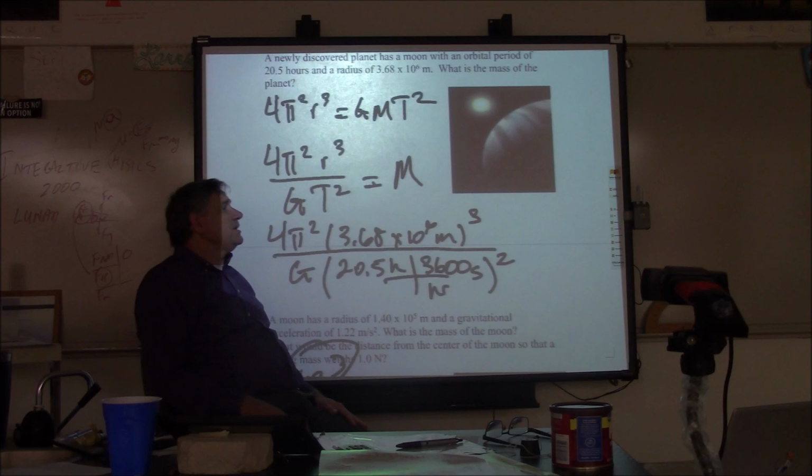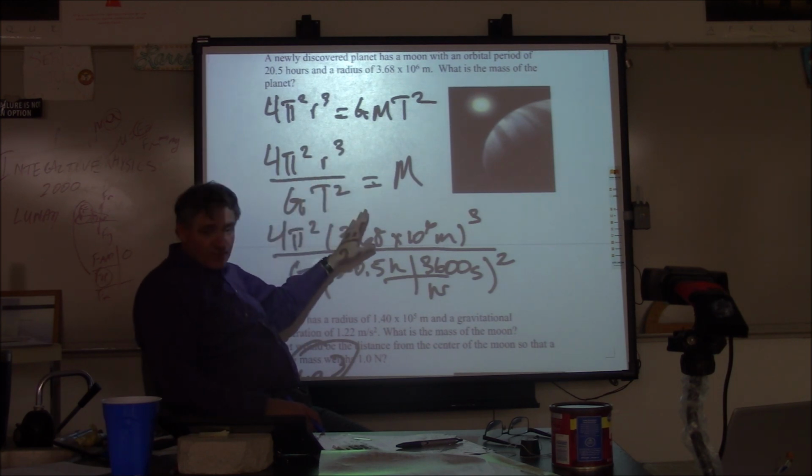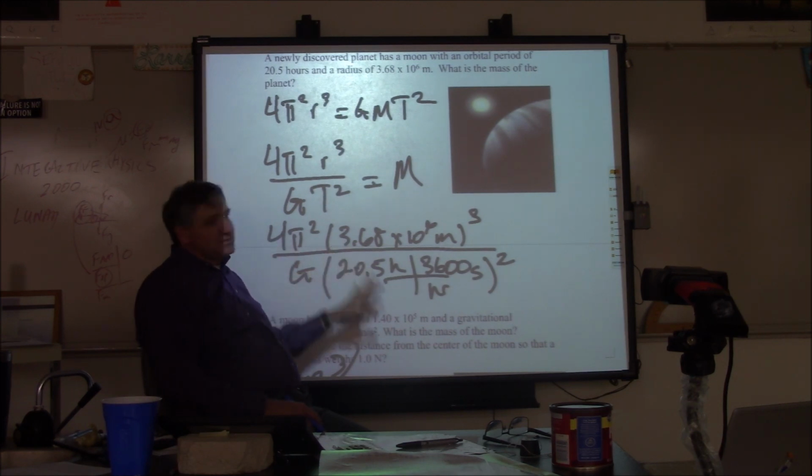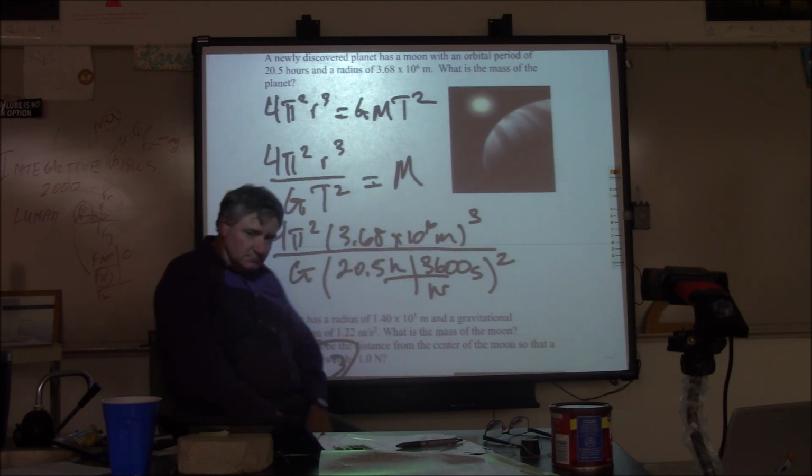You can do it, but it is going to take you so long. It is going to be much more efficient if you solve these for variables first, and the last step is you actually put in the numbers, okay? That's just something to think about. So, what do you get as an answer?